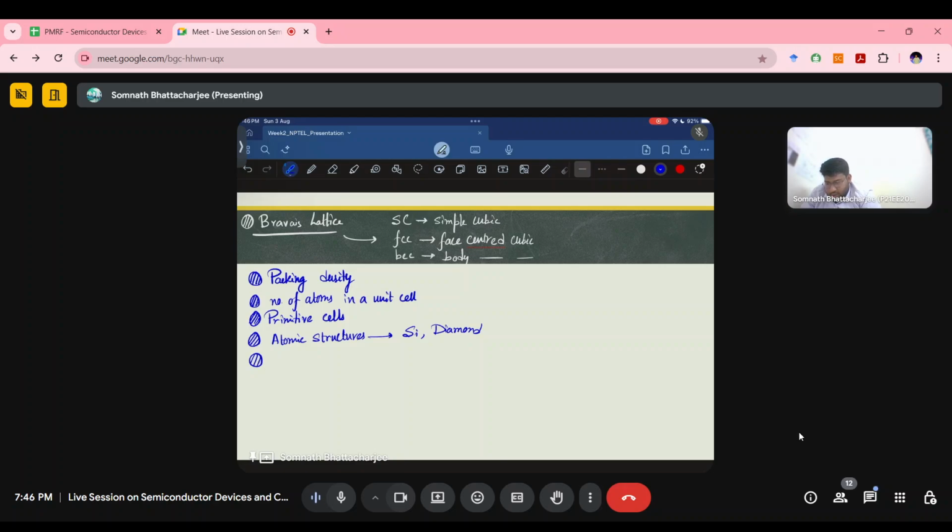Then we have learned about the Wigner-Seitz cell, and from that concept comes the concept of reciprocal lattices, and from that we have learned the Brillouin zones.